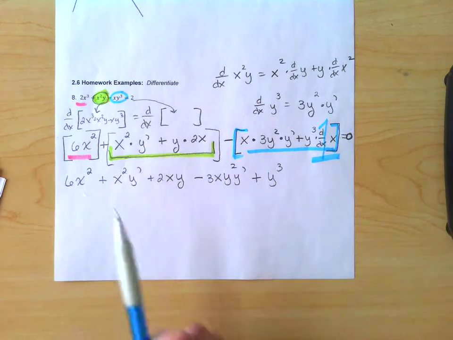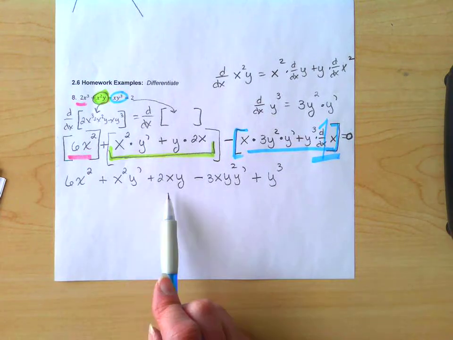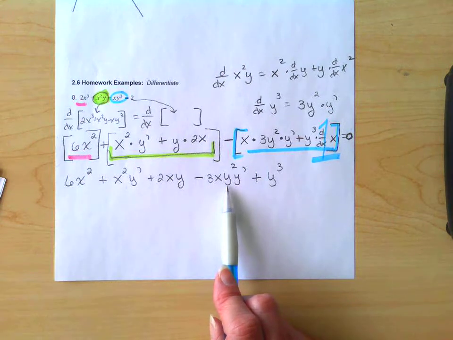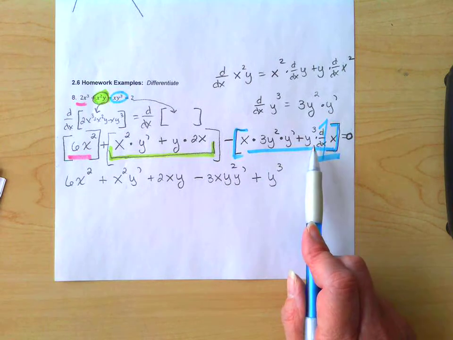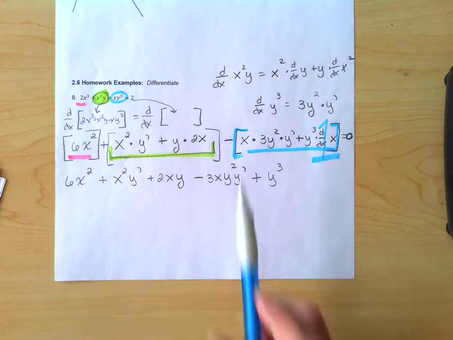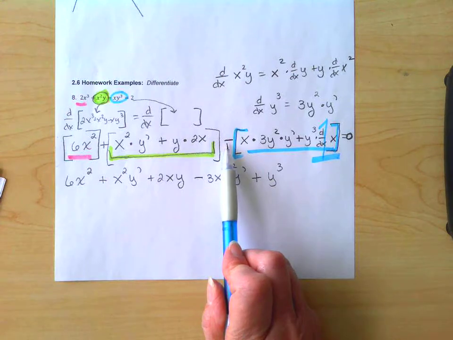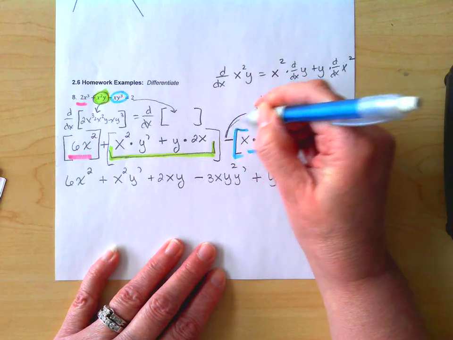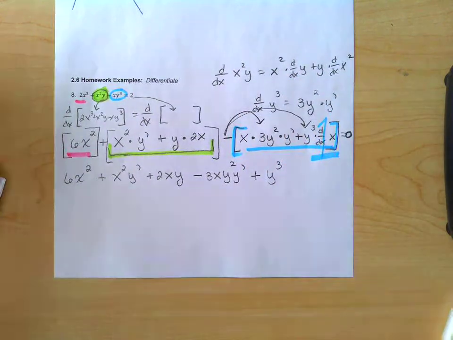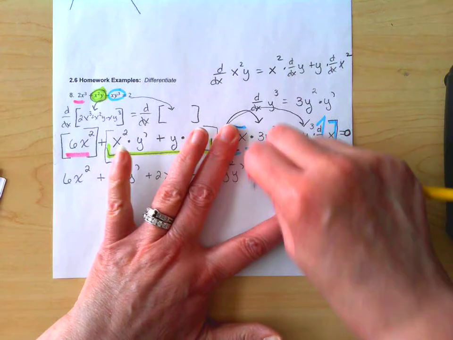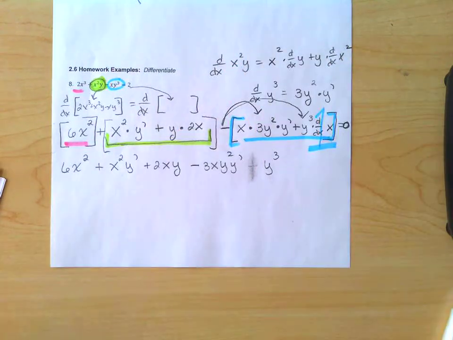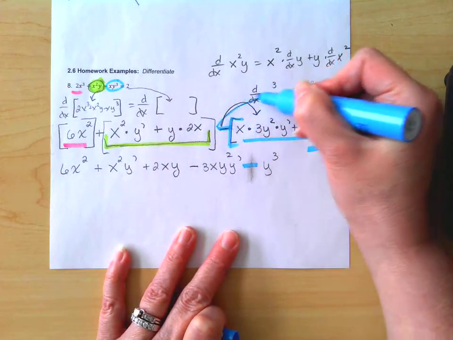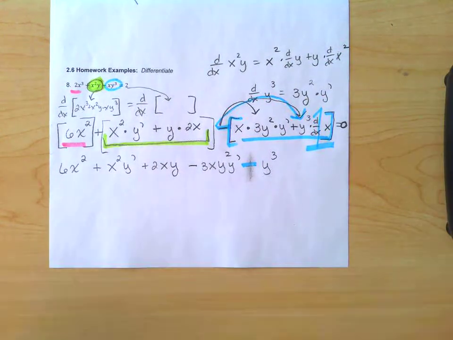So we have 6x squared plus x squared y prime plus 2xy minus 3xy squared y prime plus y cubed. I've made a mistake by neglecting that this was distributed. It's the opposite. So I have to be careful to show that this should have been subtract the y cubed, because that subtraction was distributed. And this equals 0.